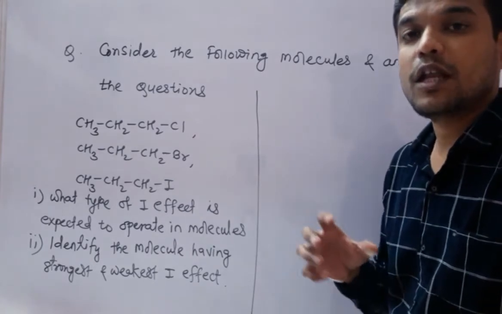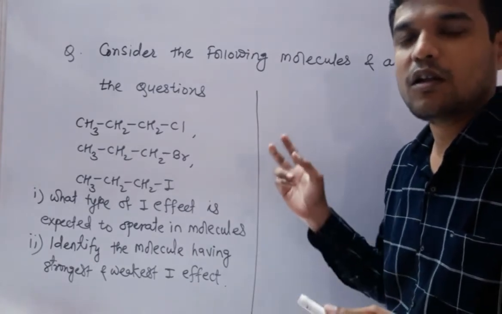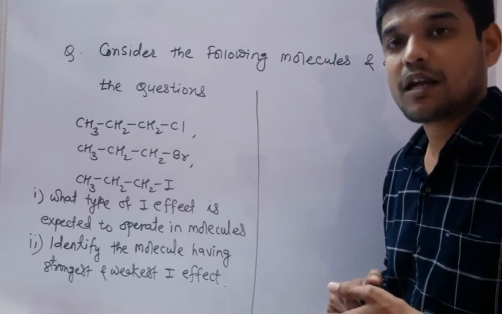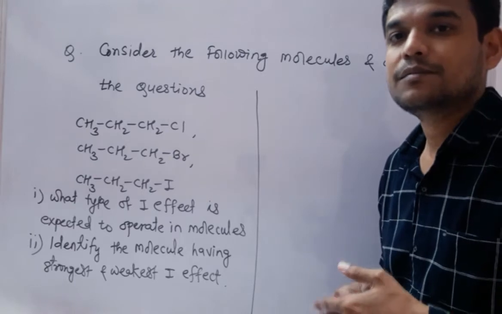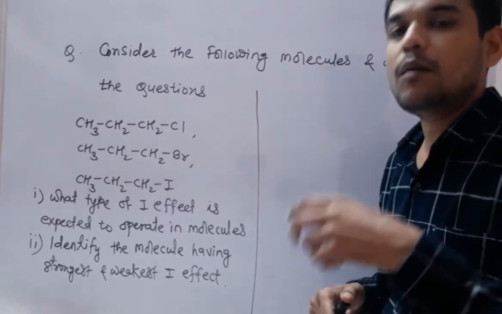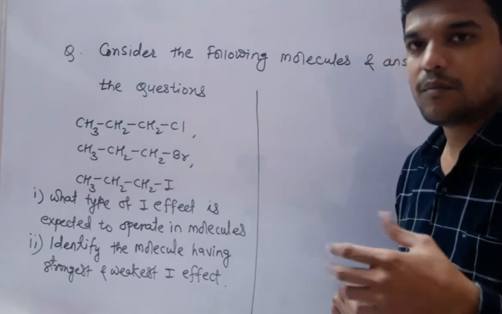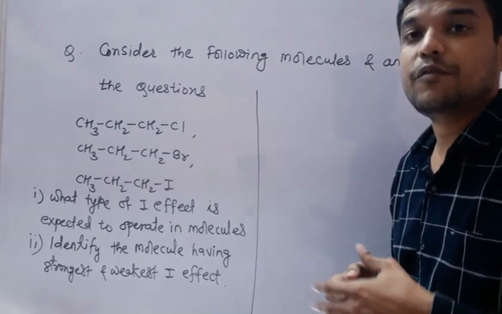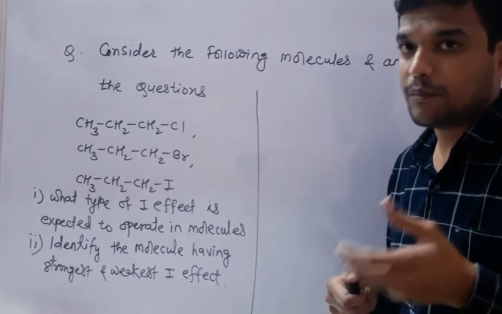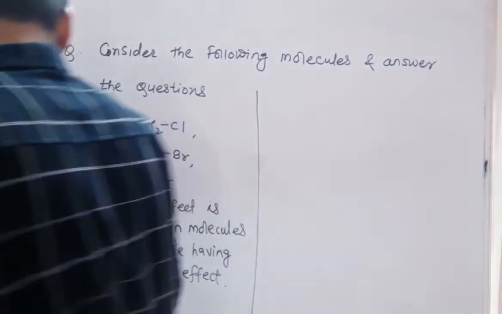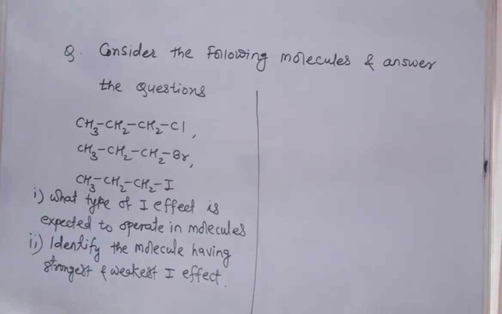They show electron withdrawing inductive effect, because they are all halogens, and we know the characteristic of halogens: whenever they are attached to any atom, they are more electronegative, so they withdraw electron density towards them. So they show minus I effect. So what is the answer of this first question? What type of inductive effect operates in these molecules?